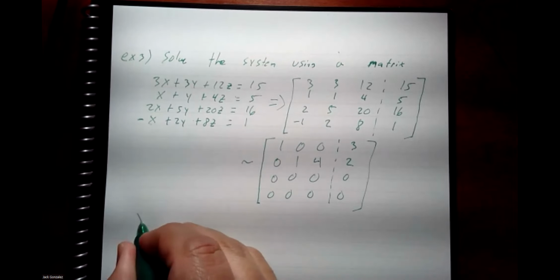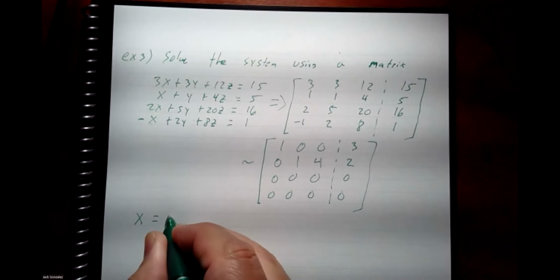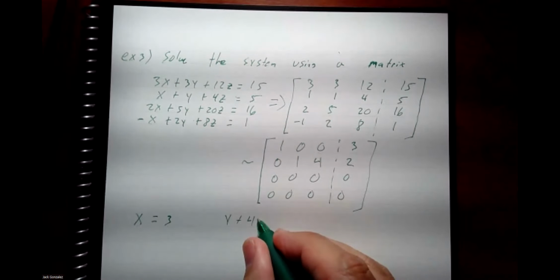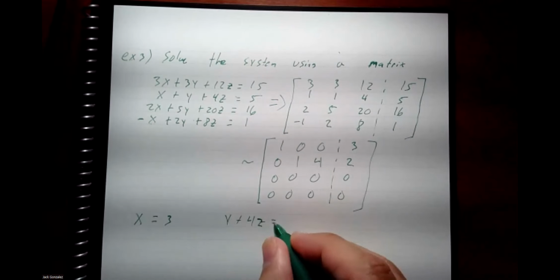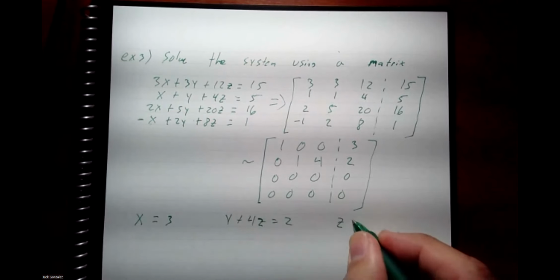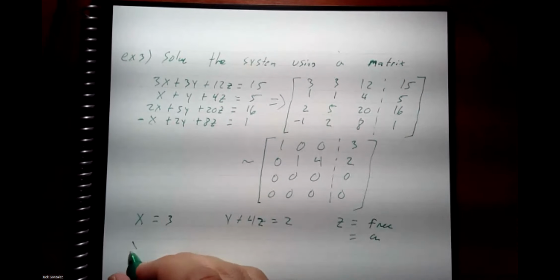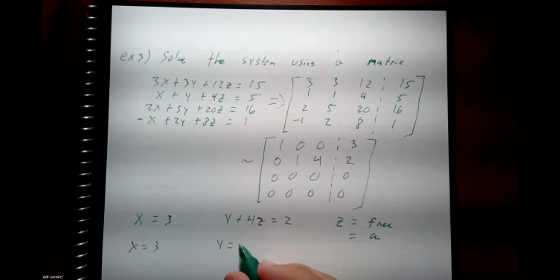So let's change it into a system so you can see it better. I'm just going to call it free, so let it equal a. They don't change x, but y equals 2 minus 4z becomes 2 minus 4a.